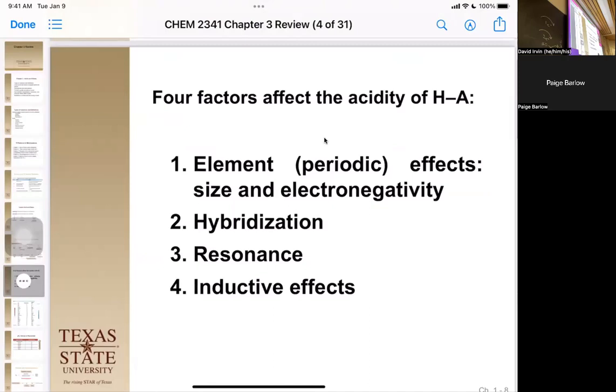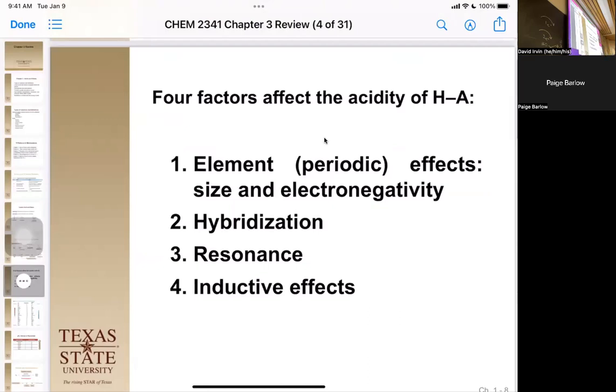But when we're going down a row, acidity increases. Nucleophilicity just goes up and over. Acidity goes over and down. Make sure you know the difference between the nucleophilicity trend and the acidity trend. The electronegativity trend is slightly different than the size trend.